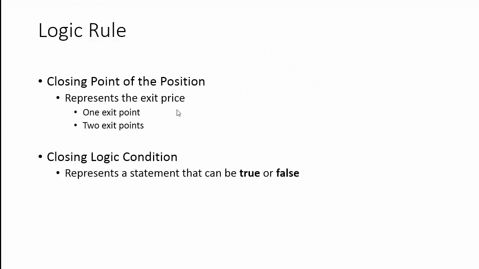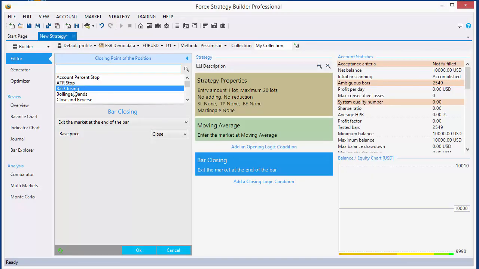The next is the closing point of the position slot. The indicators put in the closing point of the position slot represent the exit price, the price where we close a position. And there are two types of indicators also: those that represent one exit point, or those that can represent two exit points. Let's see, bar closing represents one exit point, exit the market at the end of the bar.